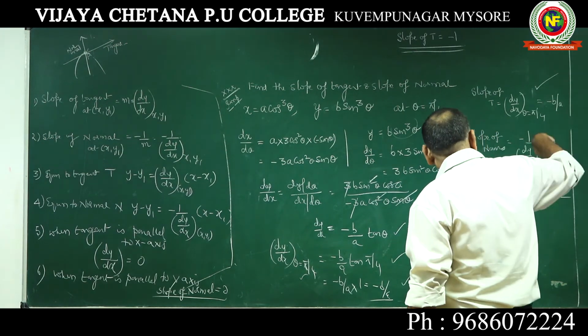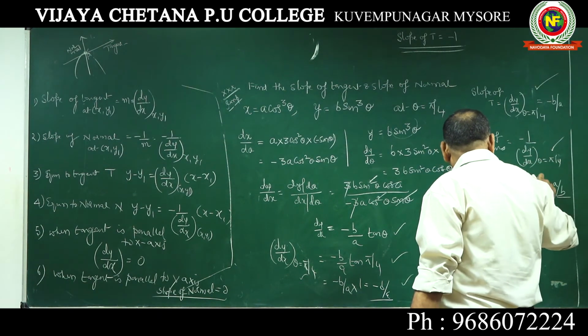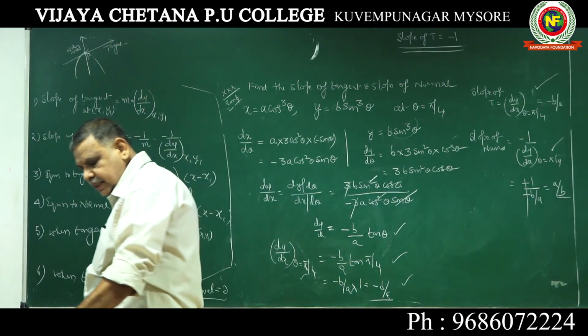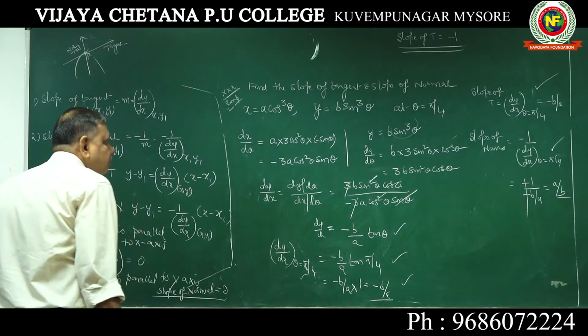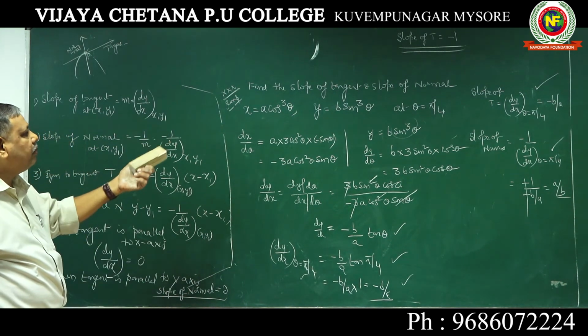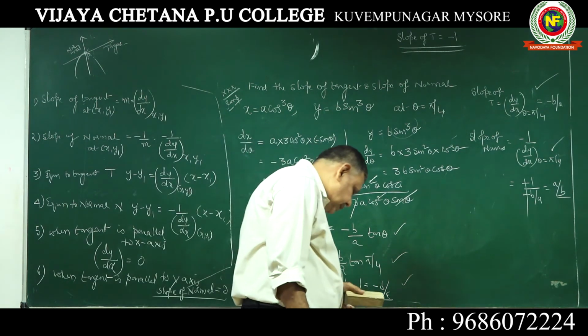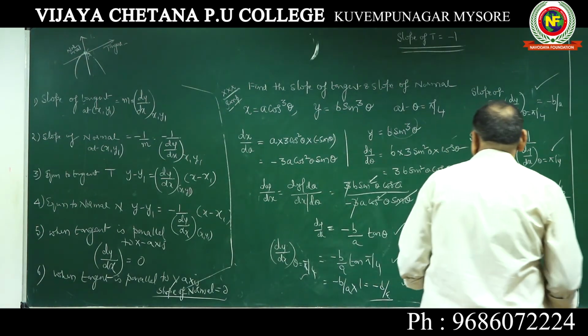Normal is minus 1 by dy by dx at that particular point, minus 1 by minus b by a, it is a by b is the answer. We take one more problem of slope of tangent and slope of normal, then we will go to equations of tangent and normal.